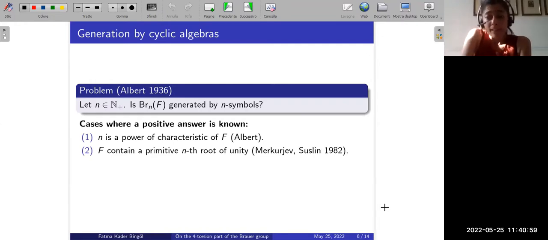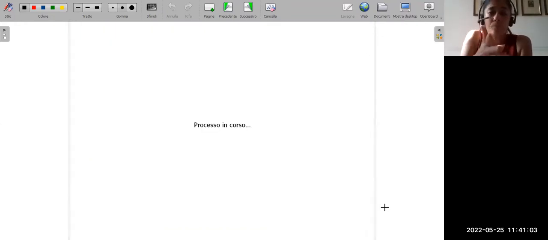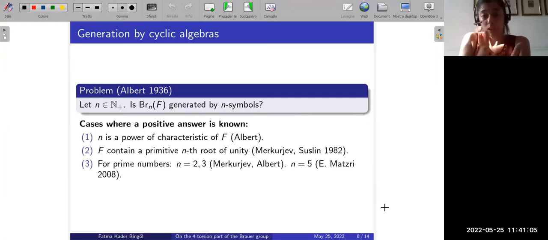For prime numbers, where we have a positive answer, are the following. For n equal to 2 and 3, the problem has an affirmative answer. When the characteristic is n, it is by Albert, and when the characteristic is different from n, this is due to Merkurjev.